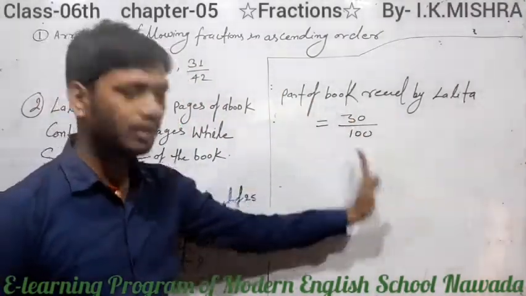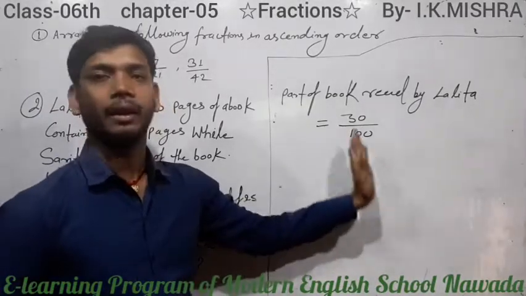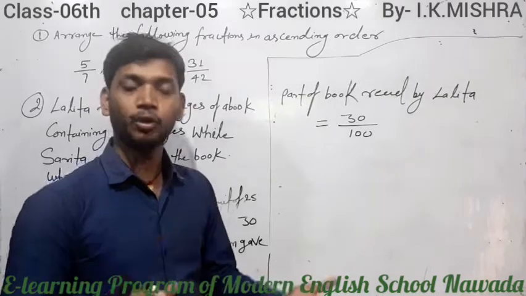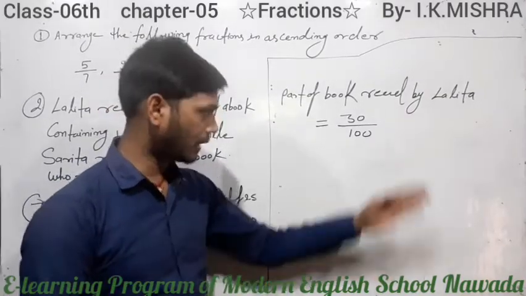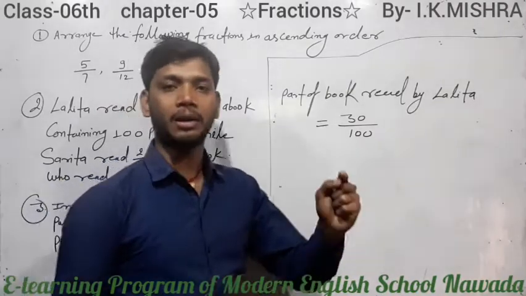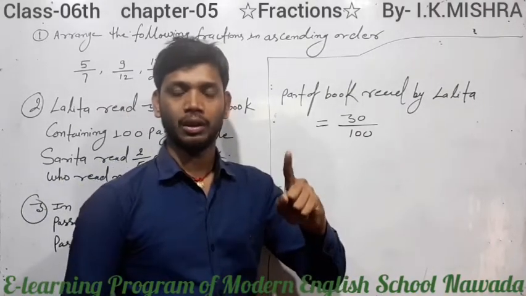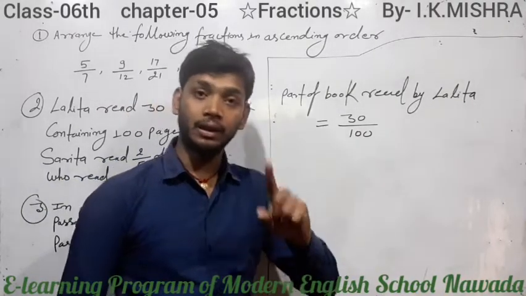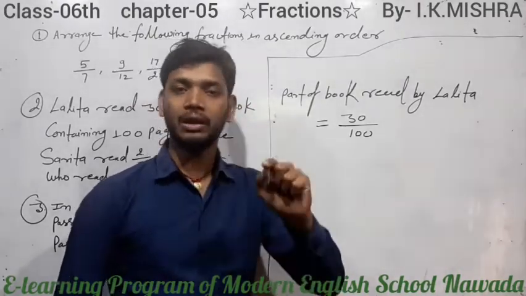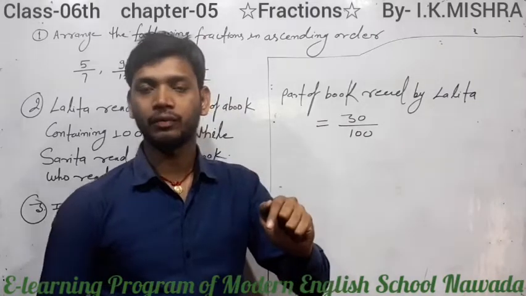Students, you can change this fraction into simplest form, and you know the method to change a fraction into simplest form, that was discussed in part 4 video. Friends, if you didn't understand, then carefully watch that video again, and the link is given in the description box.